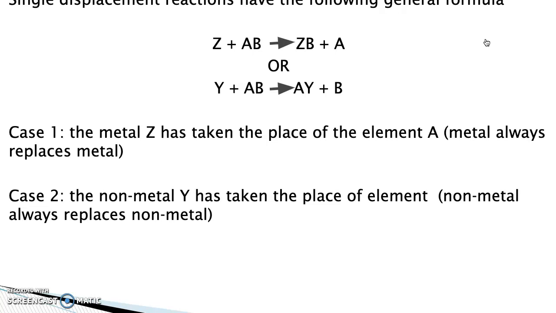An example of that would be if you took calcium and put it with sodium chloride, and then you got calcium chloride plus elemental sodium. The second case is when you have the non-metal being replaced. An example of that would be if you have sodium chloride once again, but this time you have elemental bromine, you'll get sodium bromide plus elemental chlorine.